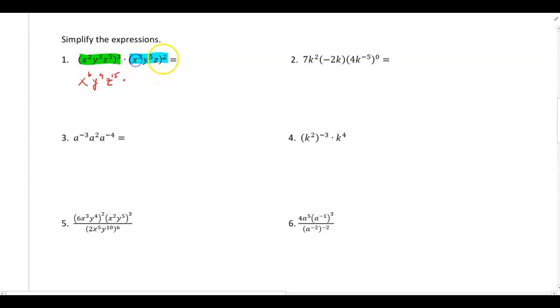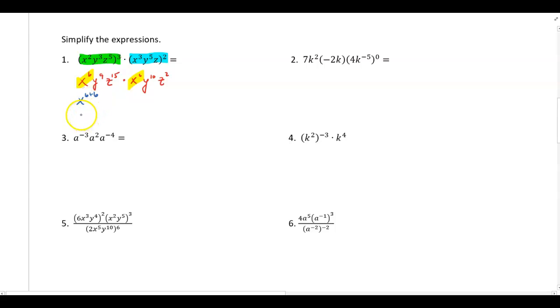Times x to the 3rd to the 2nd is x to the 6th. Y to the 10th. Z to the 2nd. So now, once I'm done with my power to a power property, now I can go ahead, multiply the x's together. But remember, when I multiply same bases, this is where I add the exponents.